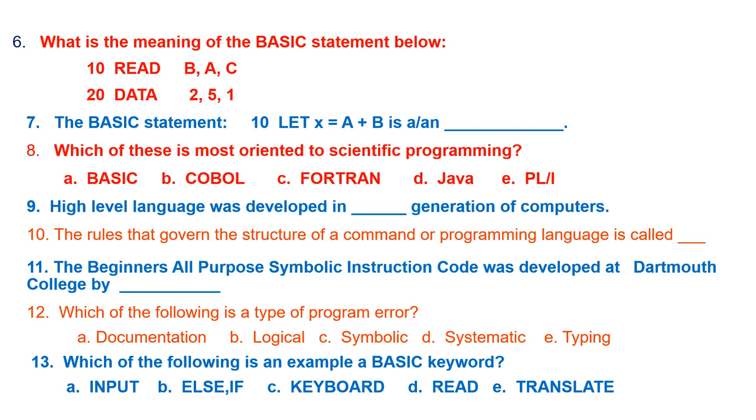Because in the course of writing your program code, your logic helps you to know when your code is technically correct or wrong. So if you do the technical thing wrongly, your program will be running, but not as expected. So documentation is not an error. The program error there is logical error.